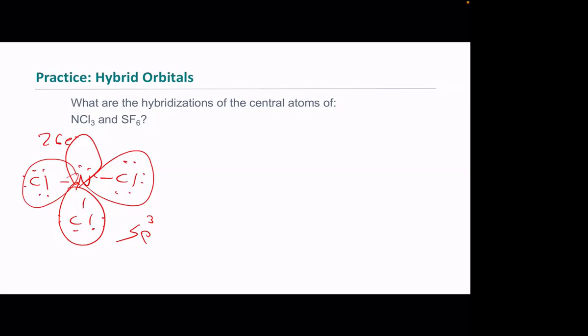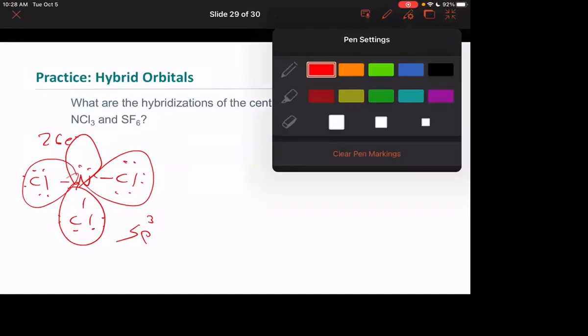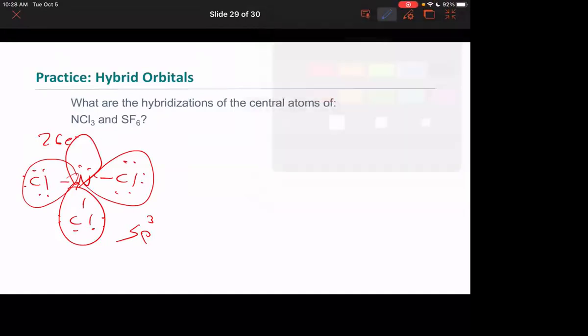Okay, so let's do SF6. How many total valence electrons? Six times 7 is 42, and 6 for sulfur, since it's in group 6, so 48.